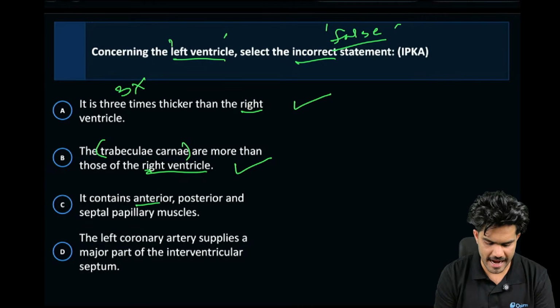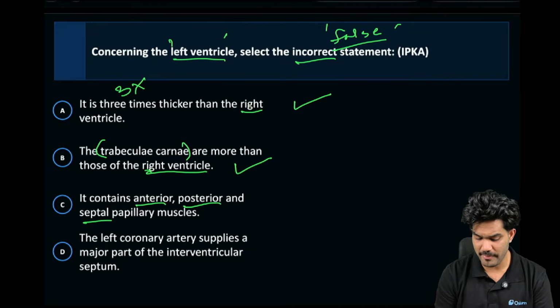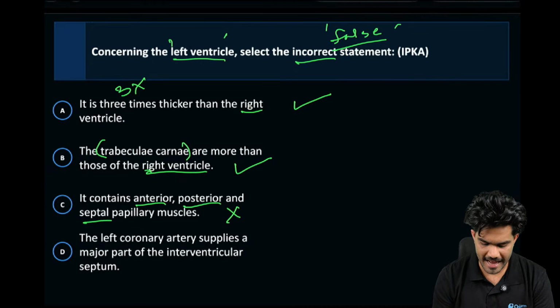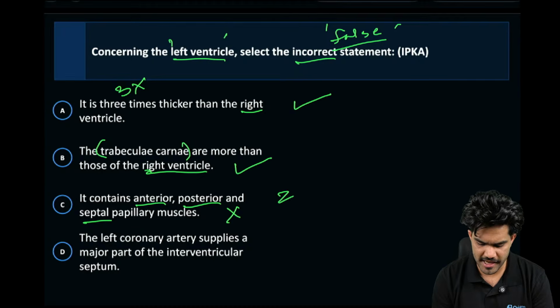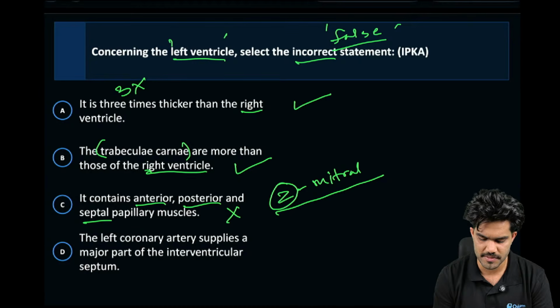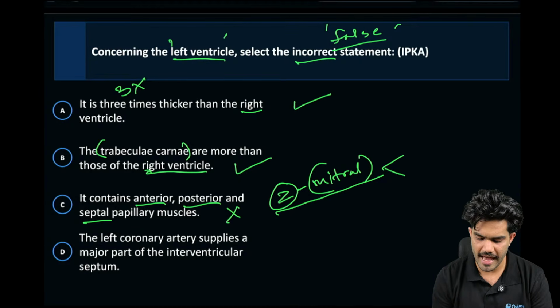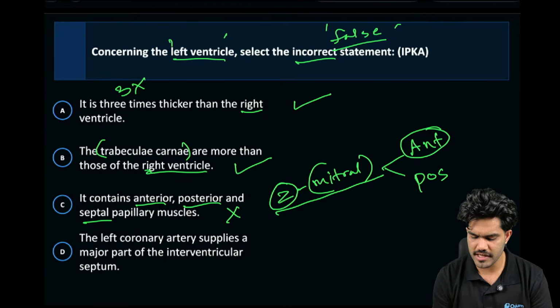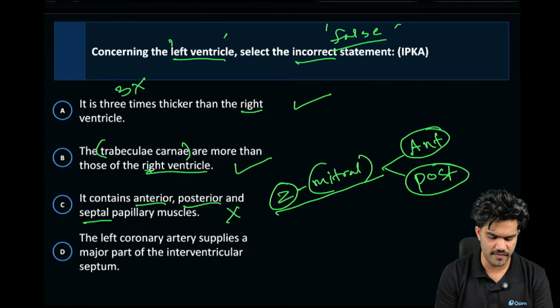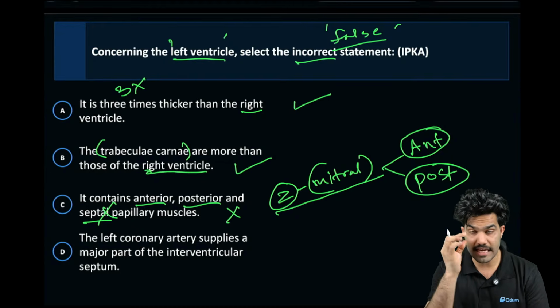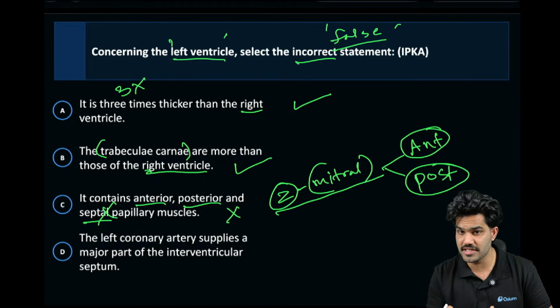It contains anterior, posterior and septal papillary muscles. No. It has how many cusps? See, 2 cusps means mitral valve. Left side has 2 cusps, mitral valve. So it only has 2 papillary muscles, anterior and posterior papillary muscles. That's it. So we don't have septal papillary. Septal papillary muscle is present in which side?